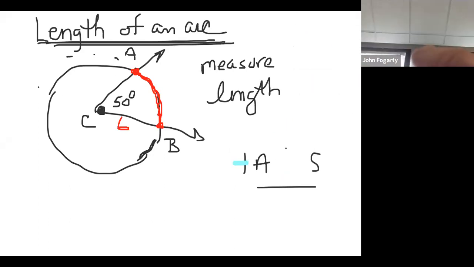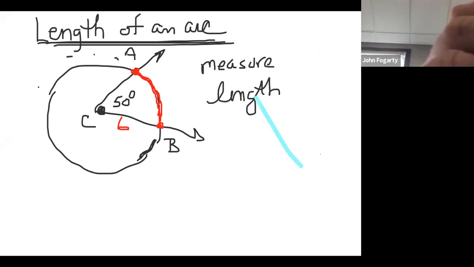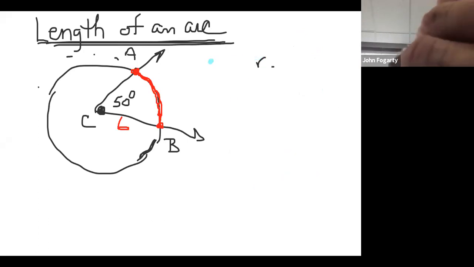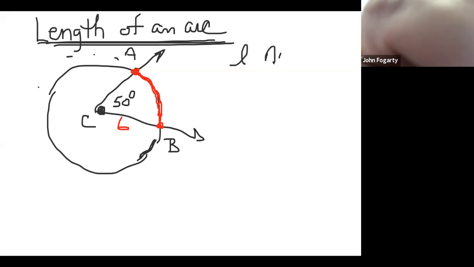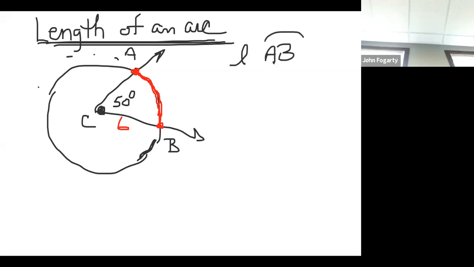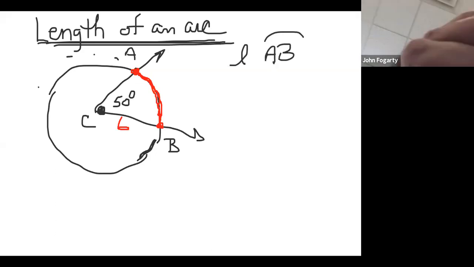In this problem, I know the measure of arc AB is 50. But if I ask you for the length of AB, well, whatever portion, what's the central angle that cuts that arc? 50 degrees, right?